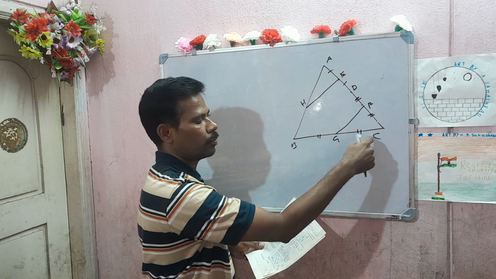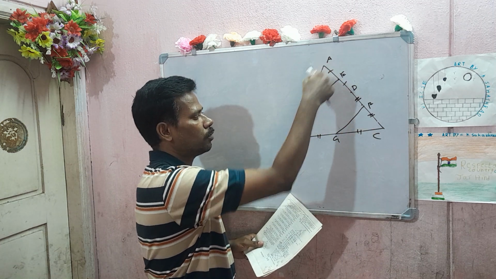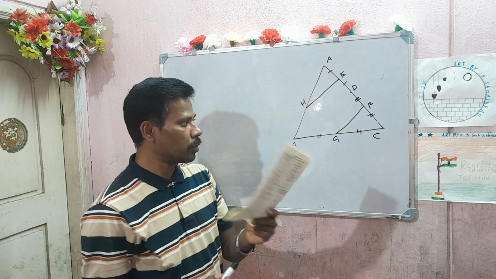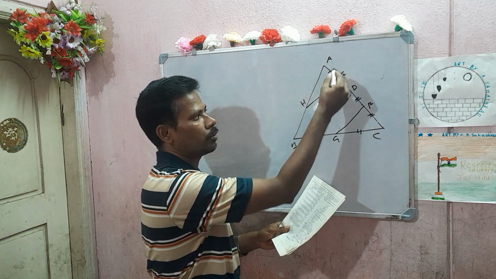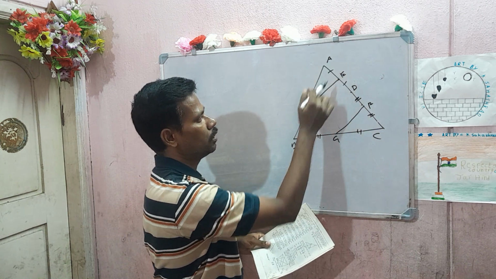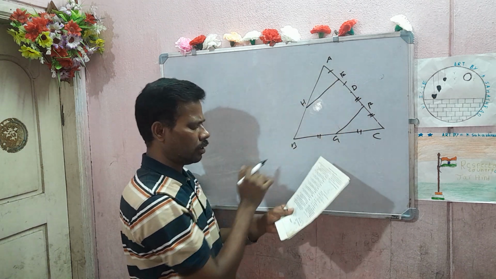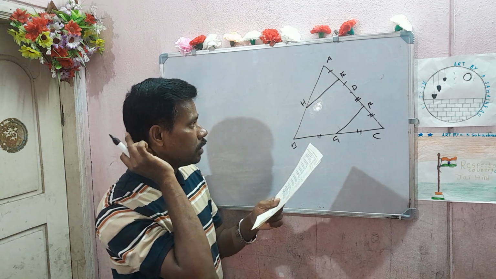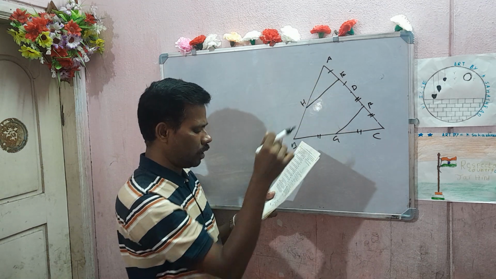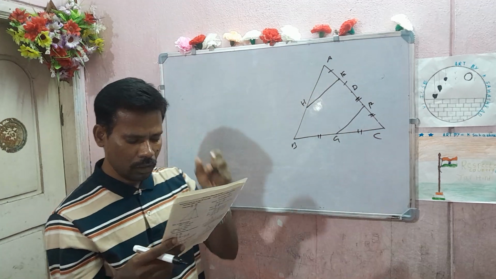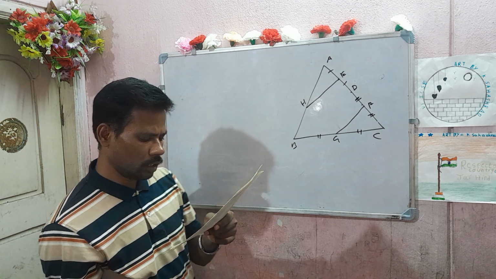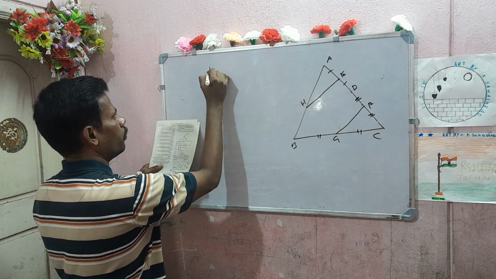Also G is the midpoint of BC and H is the midpoint of AB.